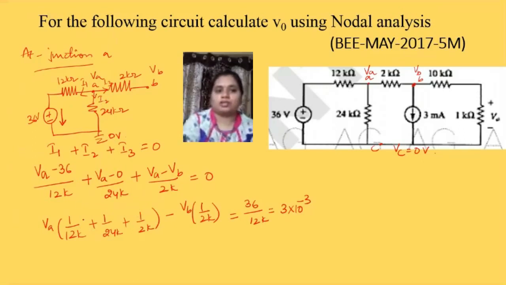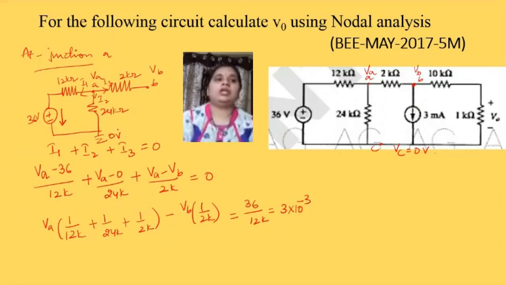And minus VB, the other node voltage, into the mutual resistor, 1 by 2K. The mutual resistor between A and B is 2K. Always for a mutual resistor we get the negative sign.